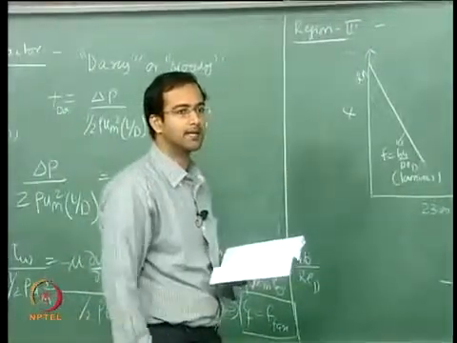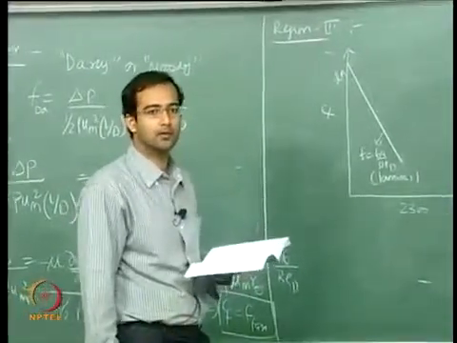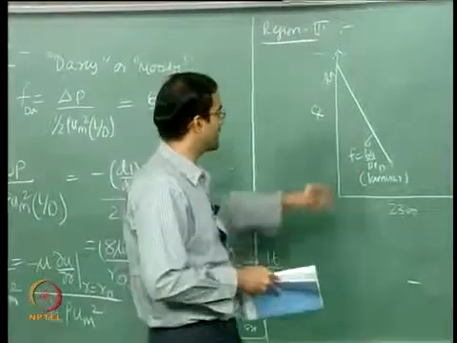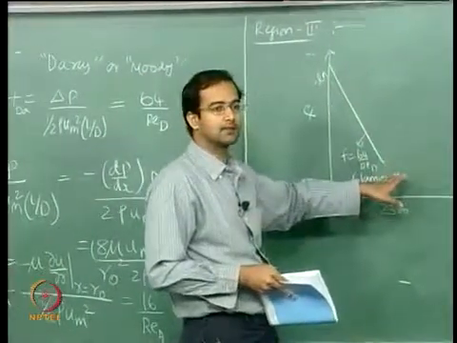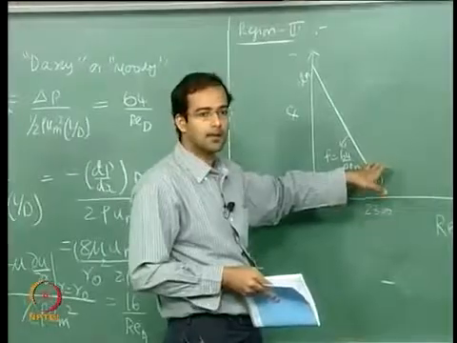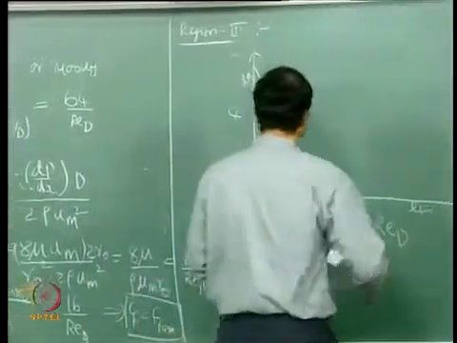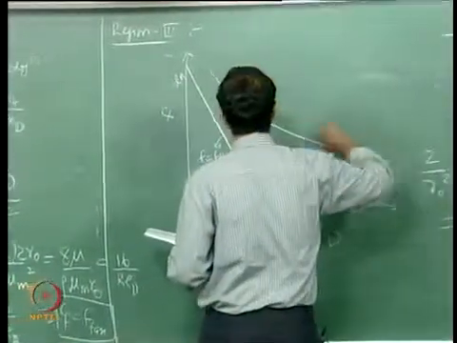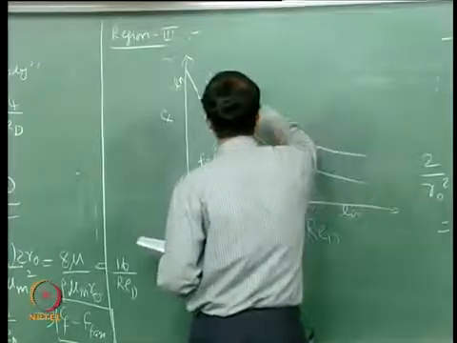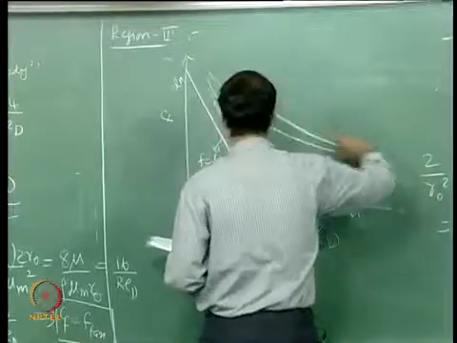Once the critical Reynolds number is exceeded, the flow becomes turbulent, and the variation will not be as straightforward as this, it becomes completely different, and in the turbulent region you will find it is not a single line, but you will have multiple lines like this.